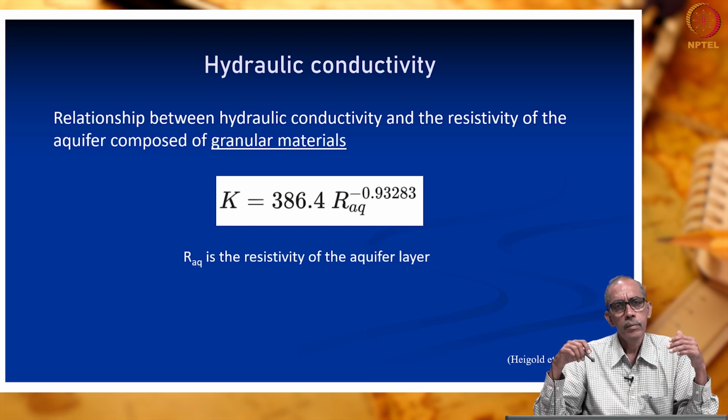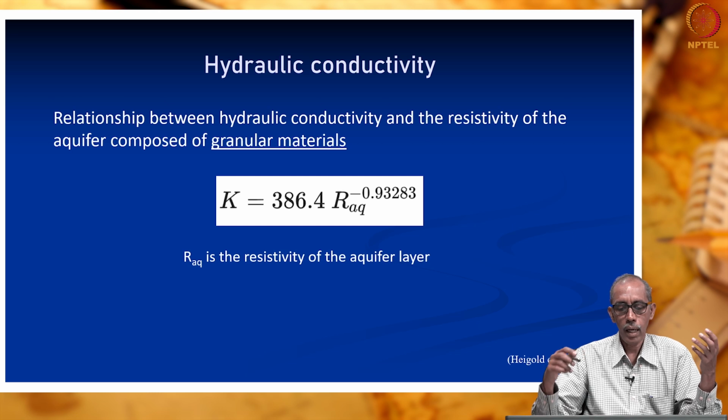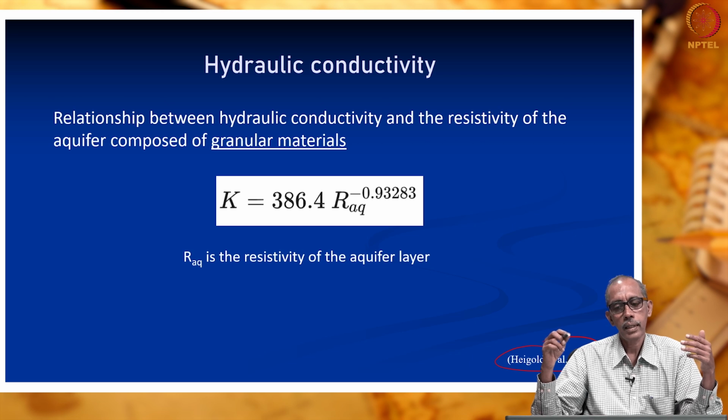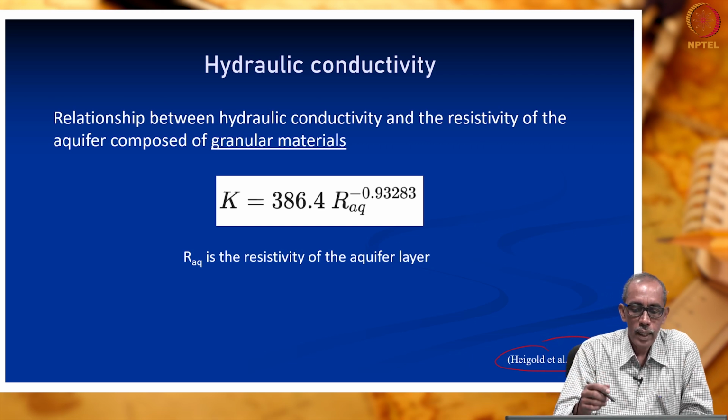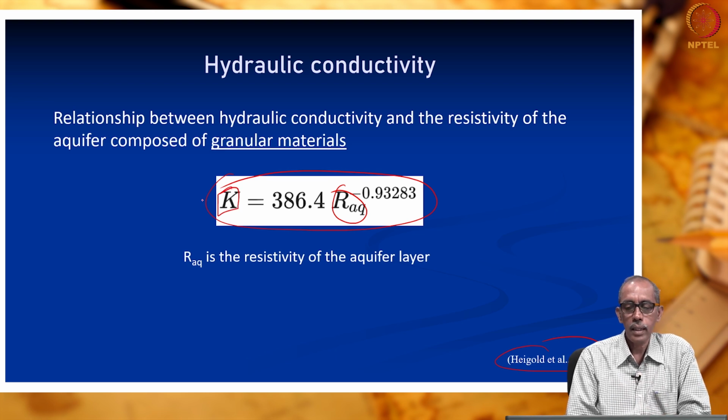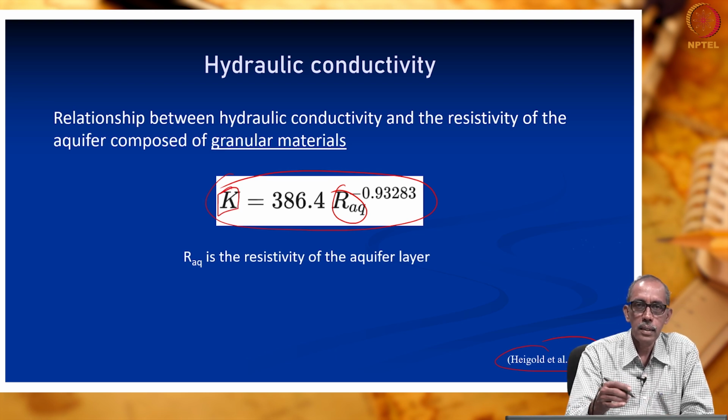And making things much easier, an empirical formula has been brought out by Heigold in their study carried out during 1979, wherein they brought out a simple relationship relating the aquifer's resistivity with that of hydraulic conductivity. However, this is applicable to only granular aquifers.